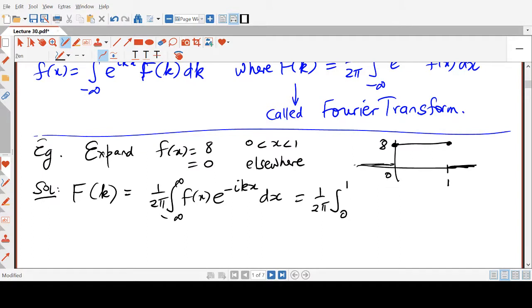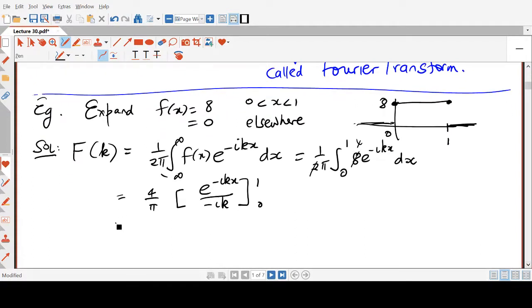We don't have to deal with the infinite integral yet. f of x is 8, so it's 8 e to the minus i kx dx. I just need to calculate this. It becomes 4 over pi, since 2 goes into 8 four times. Then I integrate e to the minus i kx over minus ik, from 0 to 1.